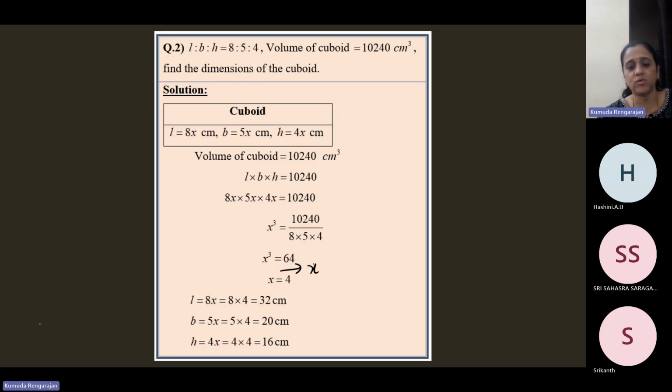You can include that if you want. 4 into 4 into 4, 4 multiplied with itself 3 times will give you 64. So x is 4.